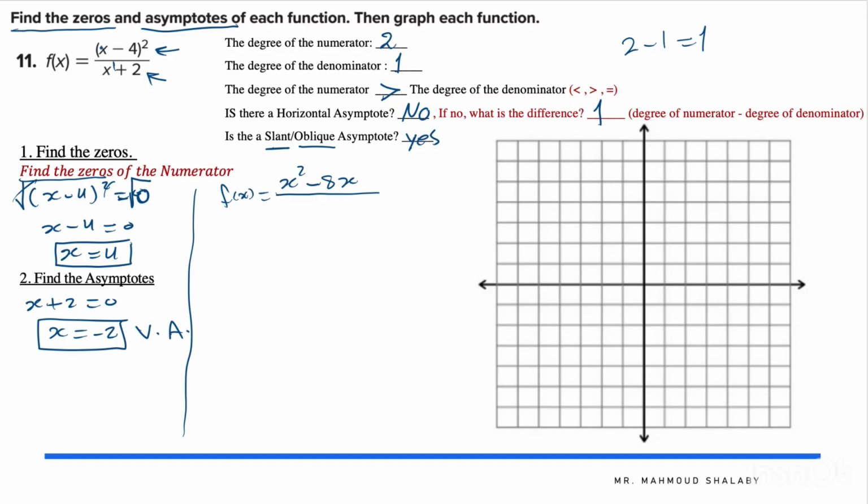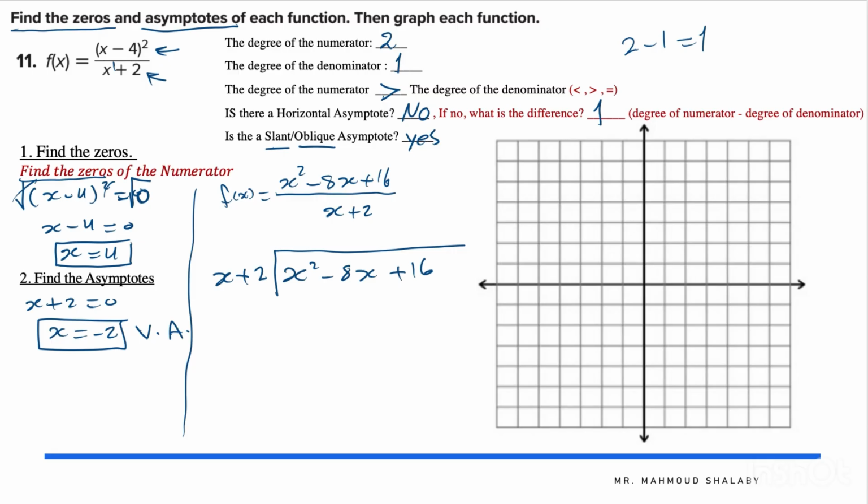Again, 2 times negative 4 is negative 8, and we have x, and the last, the second squared, will be positive 16, over x plus 2. Then I will do a long division. I will write x squared minus 8x plus 16 divided by x plus 2.